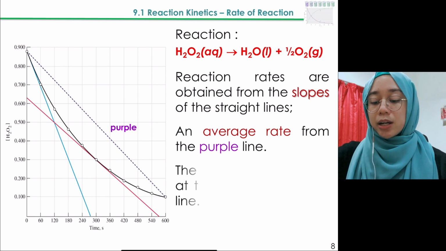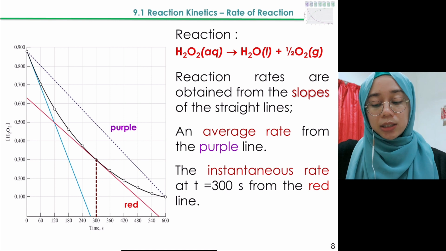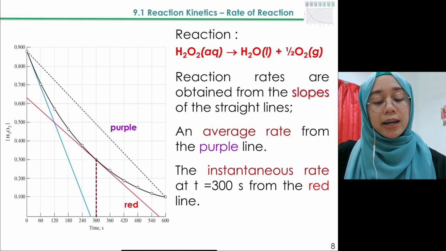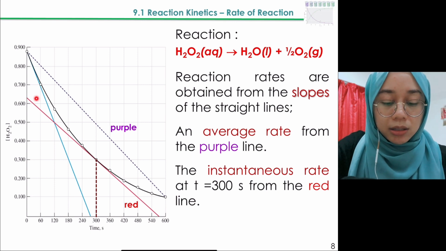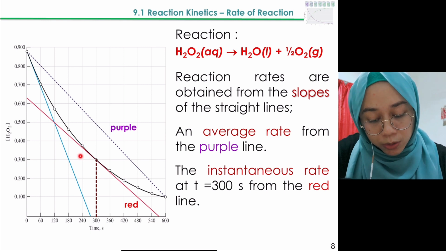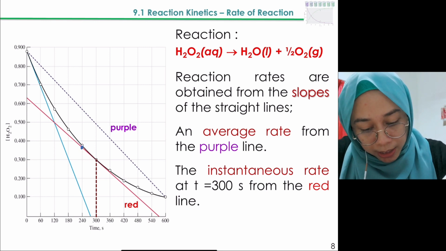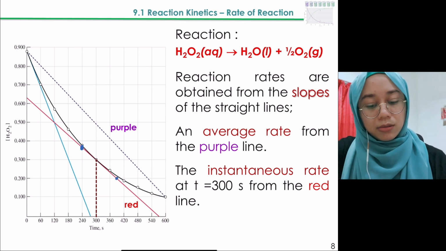Kita terus ambil, buat satu line lurus daripada initial pergi kepada final terus. Itu average rate. And then meanwhile, kalau instantaneous rate pula yang berada dekat time 300 second, line yang kita boleh hasilkan is the red line. Tapi sebenarnya tak adalah over panjang macam tu sangat. Okay, tak adalah daripada sini sampai ke sini. Sebenarnya red line yang Miss ambil ni, most probably Miss akan buat straight line daripada this point sampai point yang ni je.